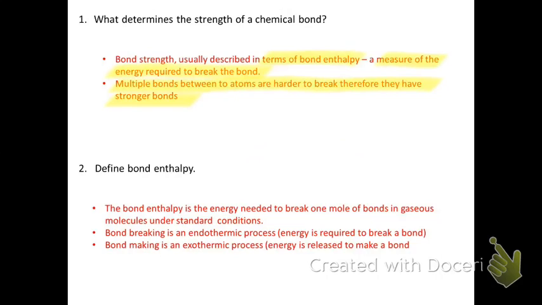So what exactly are we looking at as a multiple bond? Well, for instance, a triple bond. So if I have a carbon that's triple bonded to another carbon, it's going to take a lot of energy to break those three bonds. And so a triple bond is quite strong. Compare this to a double bond.